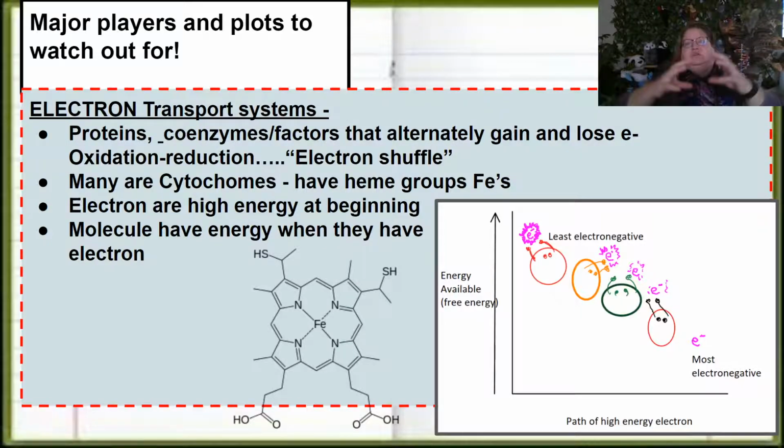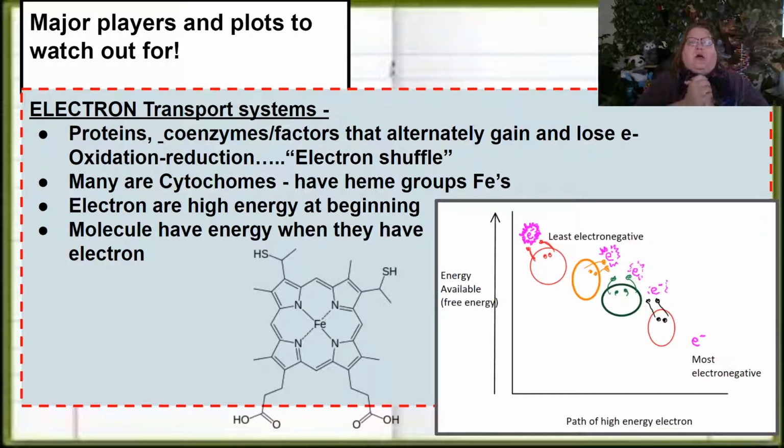And now we're into a system, like what's happening to the system. Now, an electron transport system is a series of proteins that have coenzymes or cofactors, and all they do is trade electrons. They alternately gain or lose. They gain, GER, Leo says GER, gain, reduction, they become reduced, or they lose electrons, they become oxidized. And we can sometimes just call it an electron shuffle, if you will.